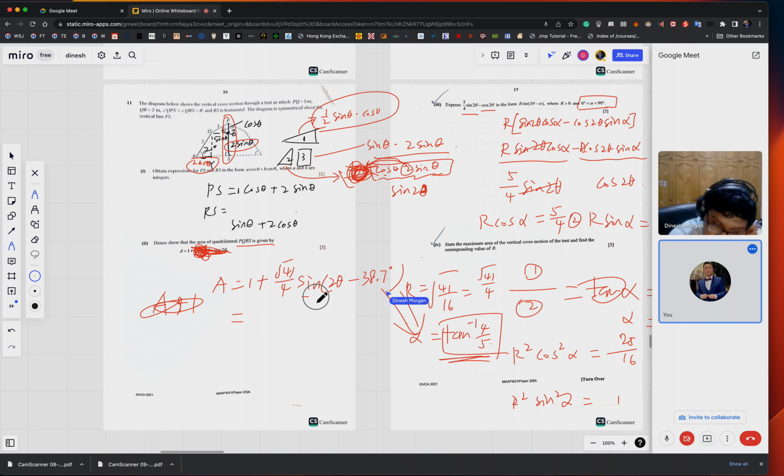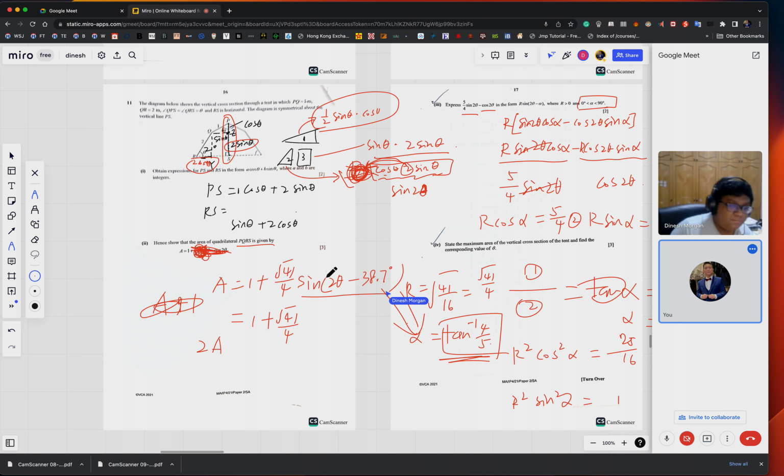So the max value for sine is 1, right? So therefore the max value is this for the area. Multiply by 2, right? Yes, like you say, you need to multiply by 2, so it's 2A. And then after that find the corresponding value of theta.